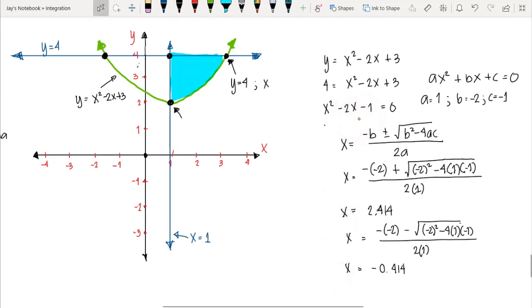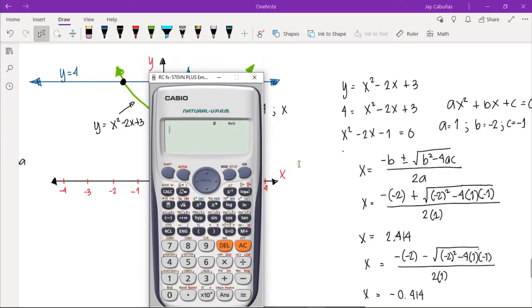Or you can just use your calculator. If you have your Casio calculator, just click mode, then number 5, the equation, then number 3, since you have a quadratic equation, ax squared plus bx plus c is equal to 0. Then just encode the coefficients of this equation. We have a is 1, b is negative 2, and c is negative 1.